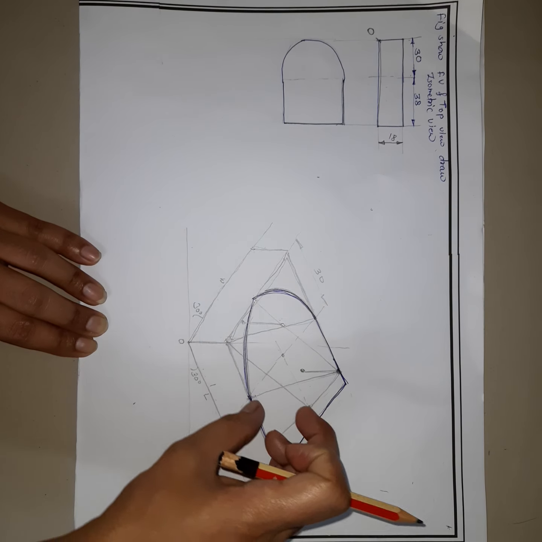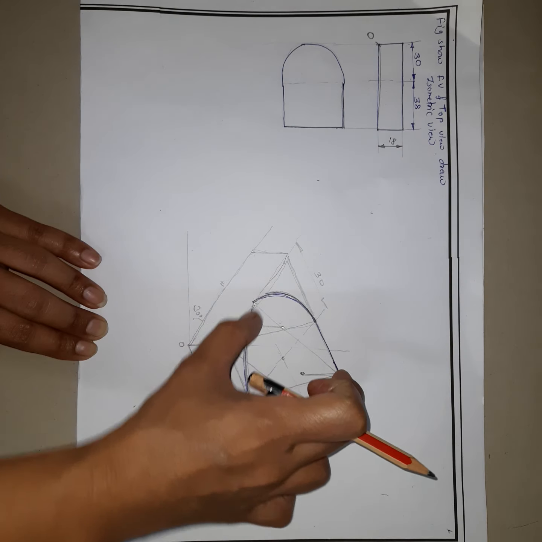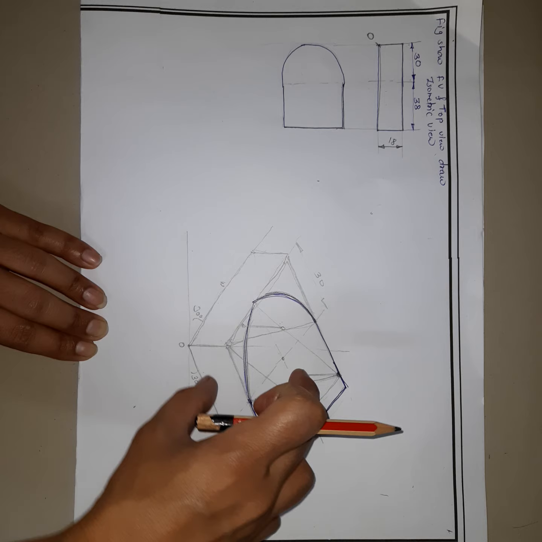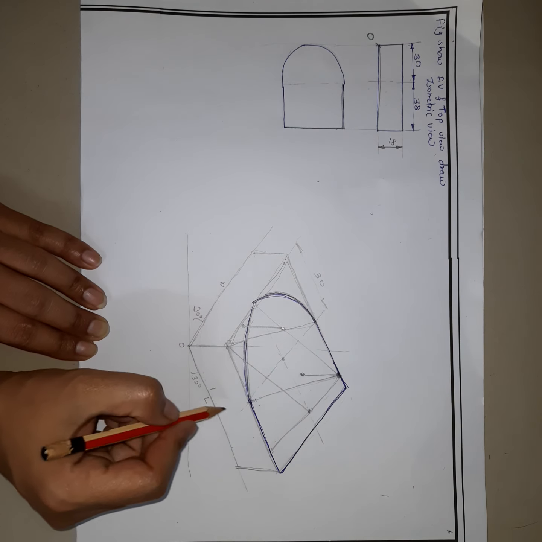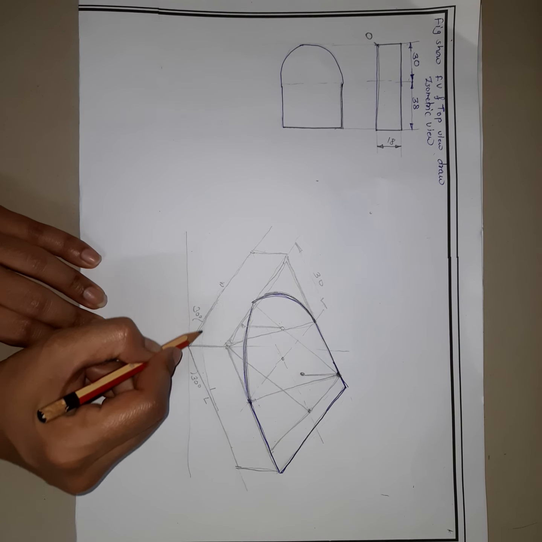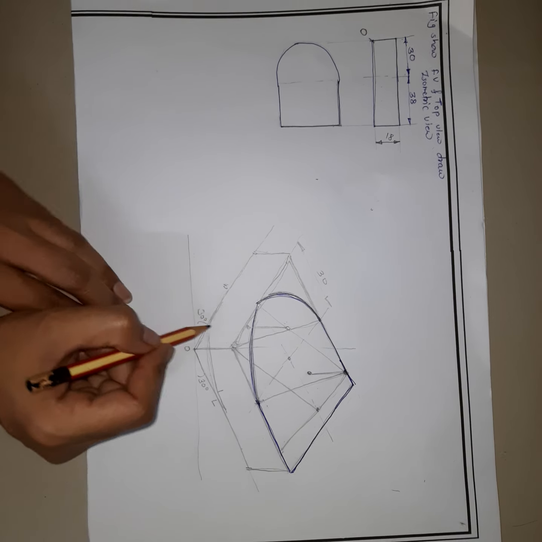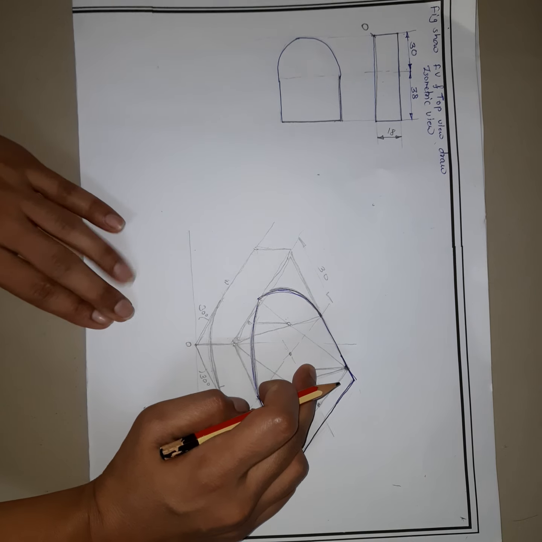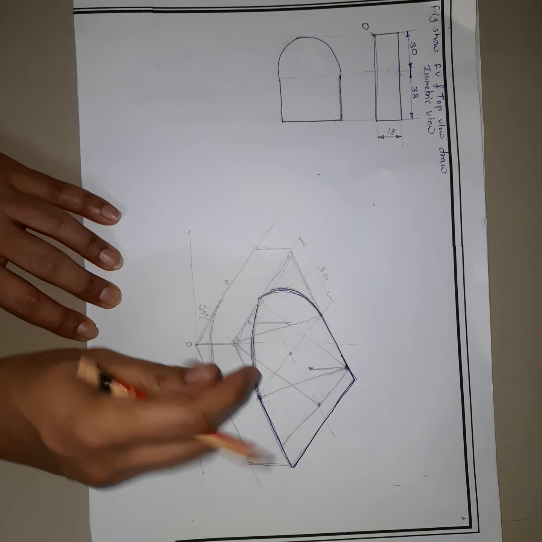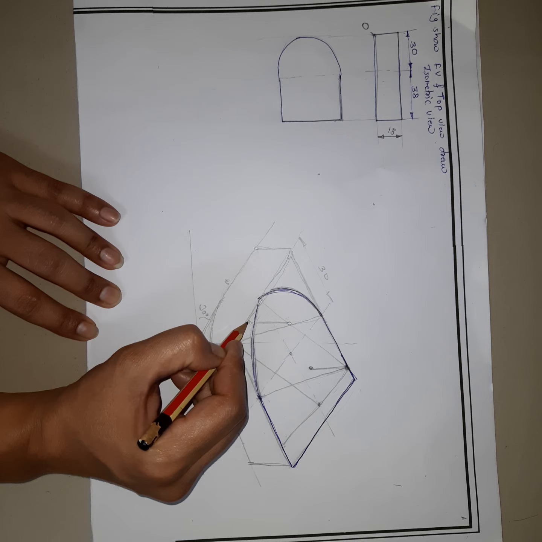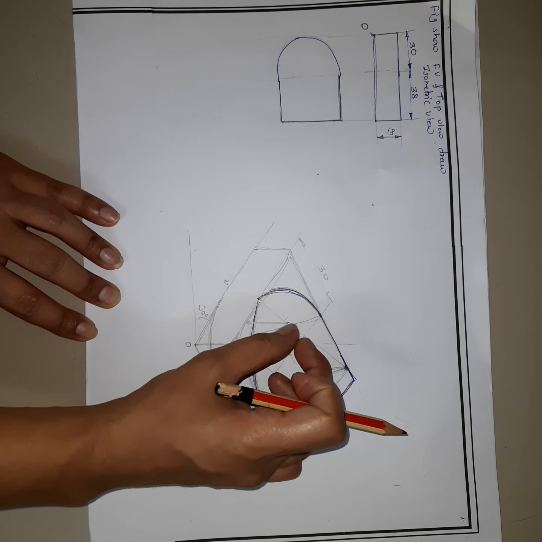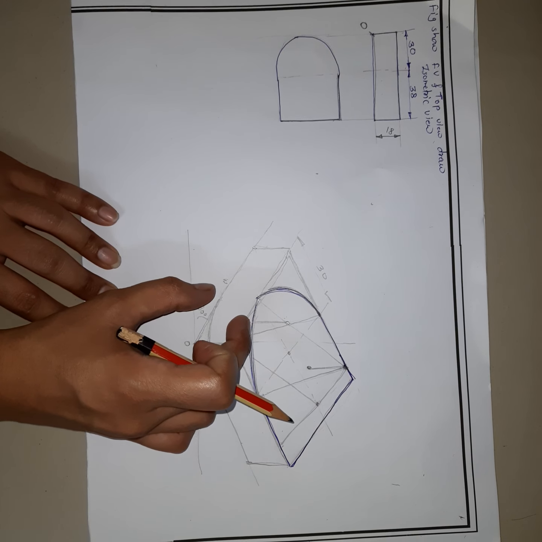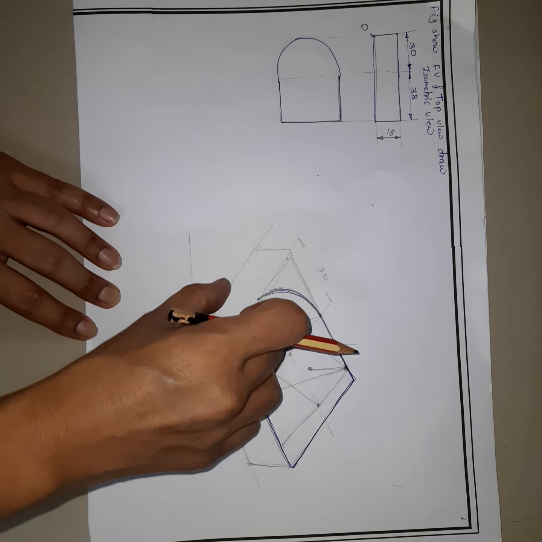Now take this distance for this arc, put your rounder on the new center and draw this arc. So you will get an arc like this from this new center. Similarly, put your rounder on this new center, take this radius for this arc, and draw this next arc.